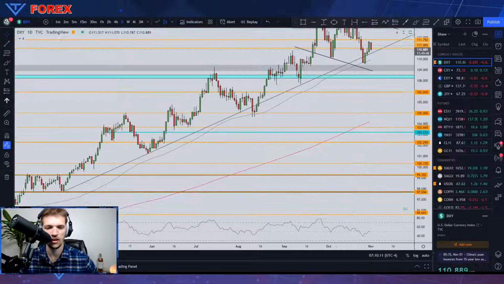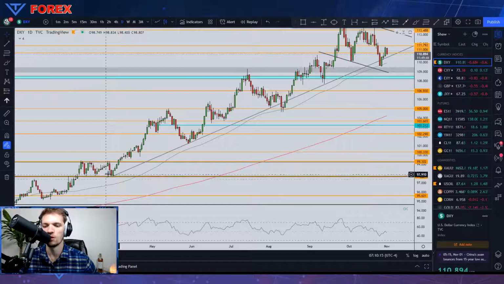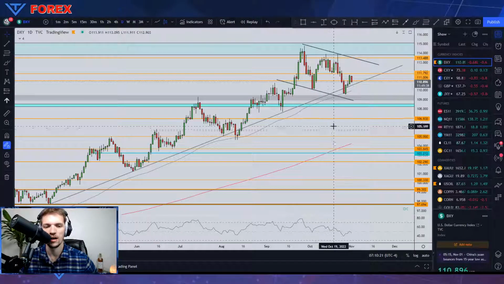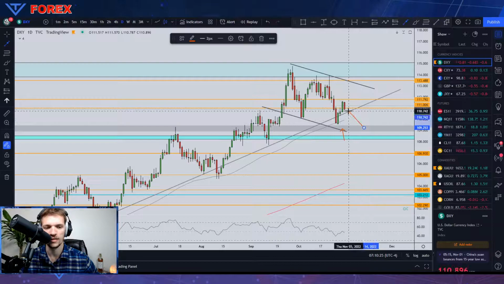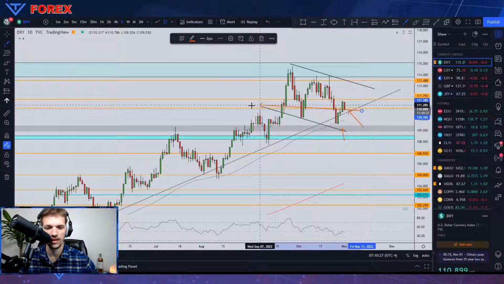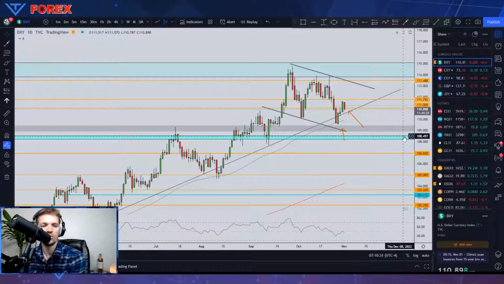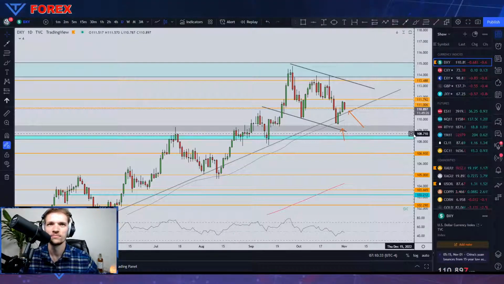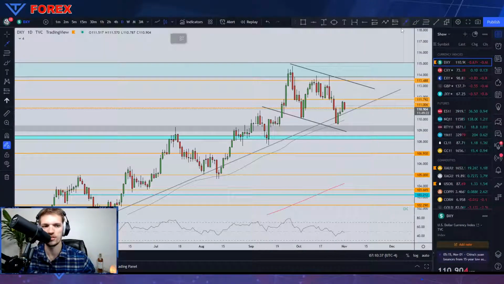This is that trend line that we've had dating back from March of this year, or potentially February as well, if you pull it back some. We just created this new higher low, and we're now coming down to retest that trend line. So this 111, 110.80 area is going to be an area to keep an eye on for the dollar, to see if we find support and bounces, or if we break through it.